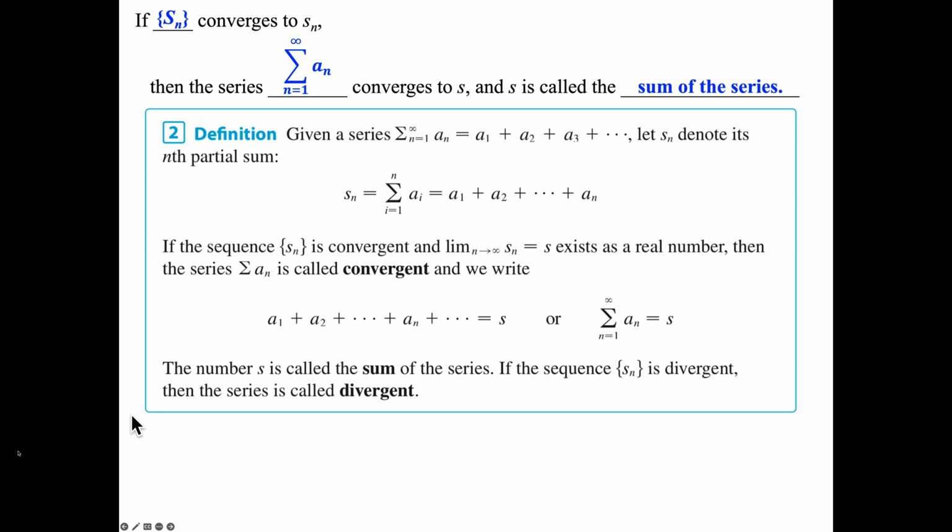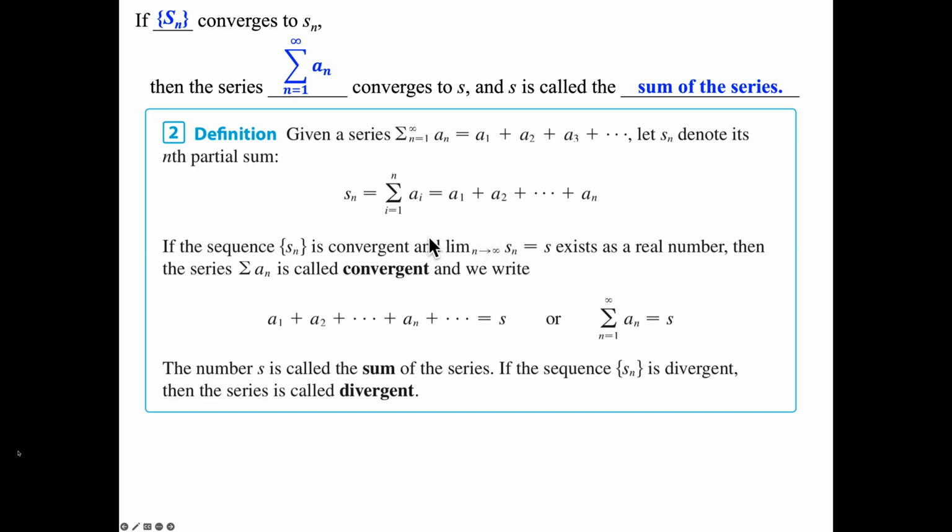So by our definition, given our series, S sub n, those are your partial sums. If you go all the way out to infinity, then it's an S. I like to write S sub infinity, so it kind of matches S sub n.